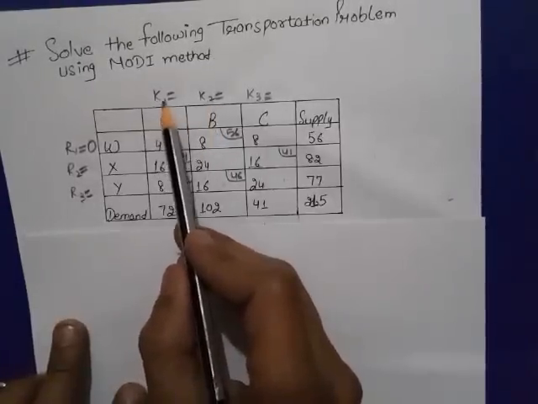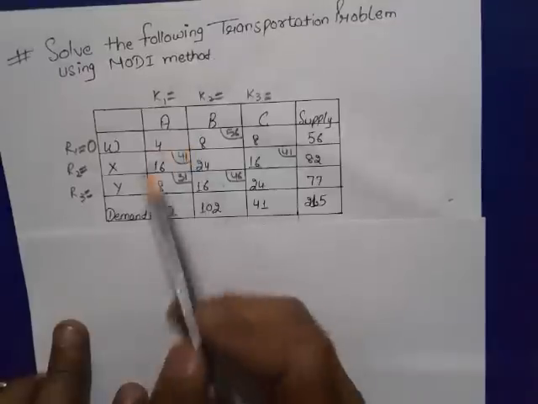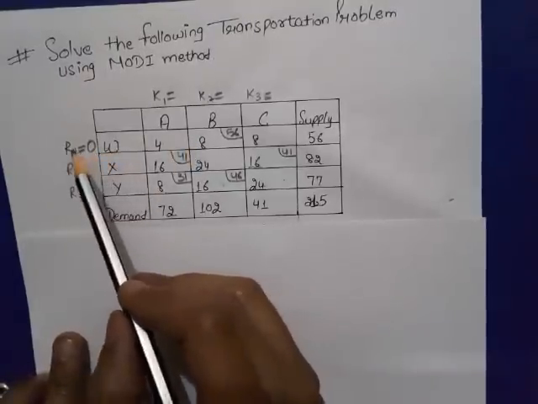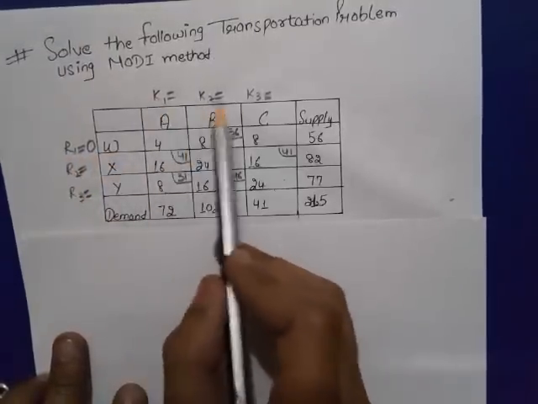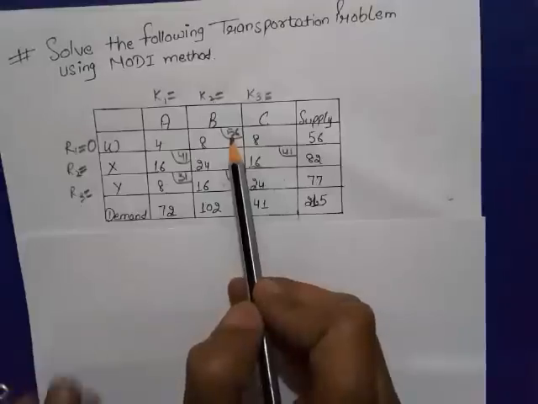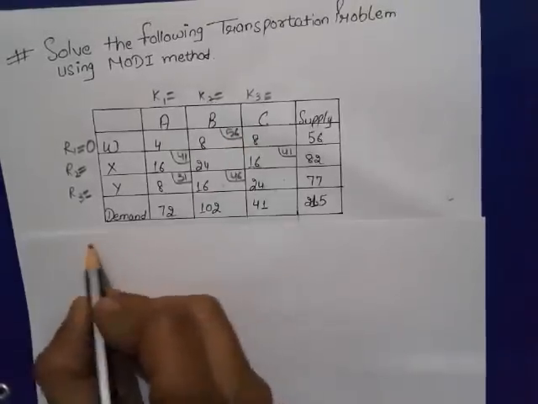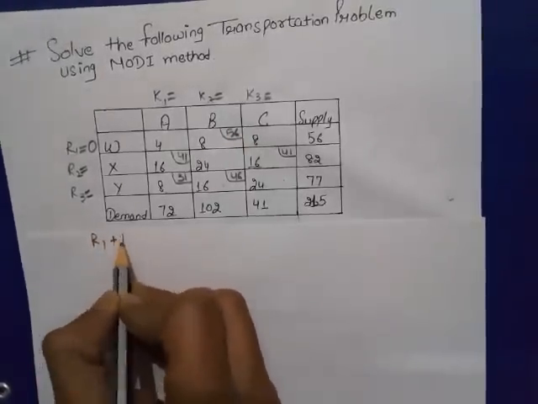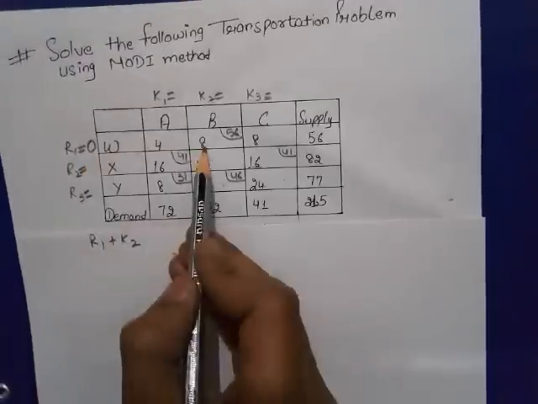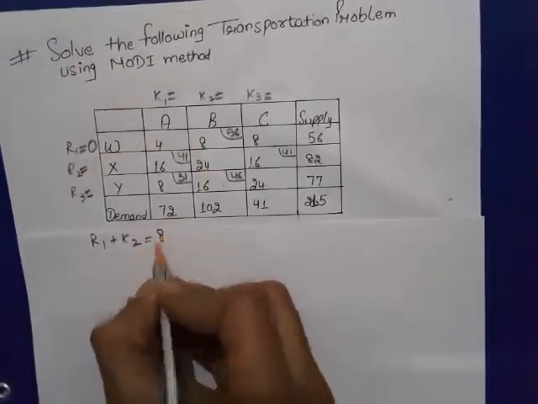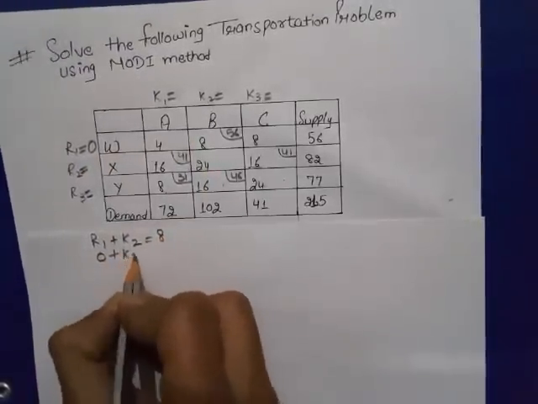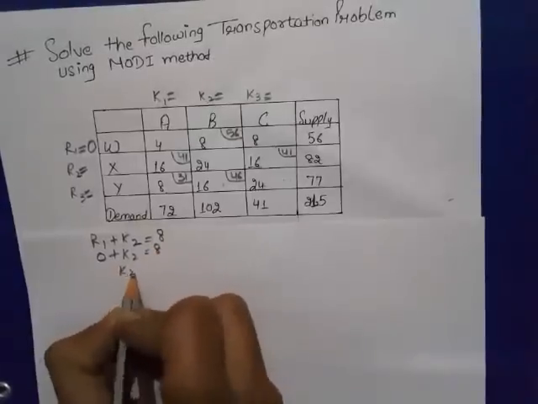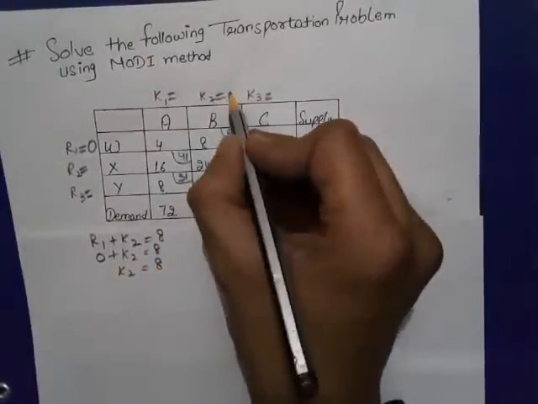Now we don't take K1 because this is an unoccupied cell. We always calculate values R1, R2, R3, K1, K2, K3 with the help of occupied cells only. So R1 plus K2 is equal to 8. So the value of K2 is 8.